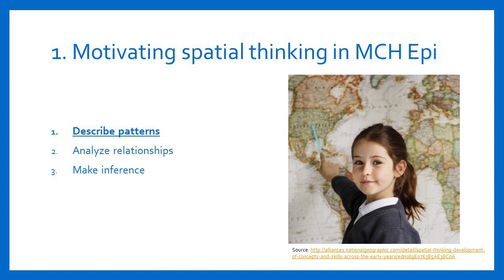There are three fundamental aspects of spatial thinking: describing patterns, which really is the cartography part, analyzing relationships, and making inference. Today, both the cartography and the disease mapping are really in that first descriptive step. But there are tools and techniques that can take spatial analysis to the next level and actually analyze relationships in space and even make inference about associations.